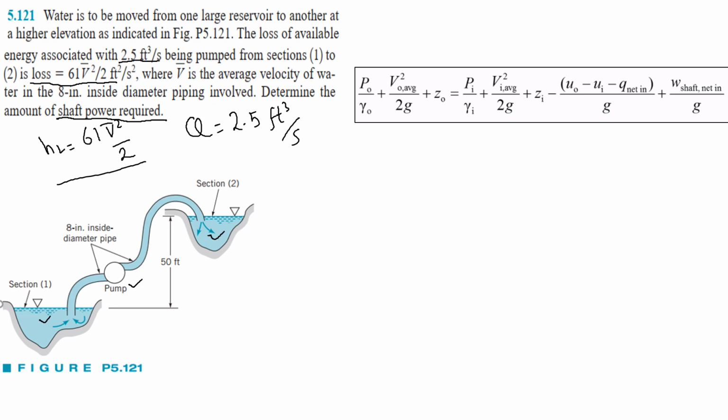So we have this energy equation. What we are going to do is multiply both sides by g, the gravitational acceleration.